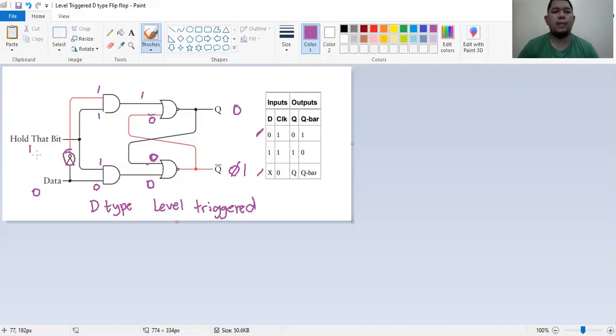Okay. Next, let's test again if we set the hold that bit value to 0, if it retains the value of 0 for the output.